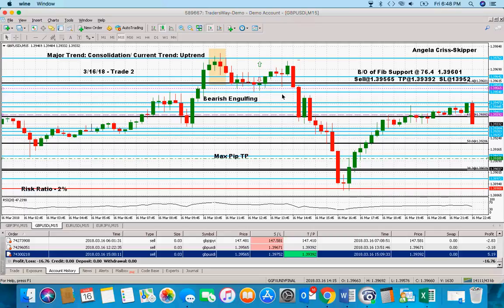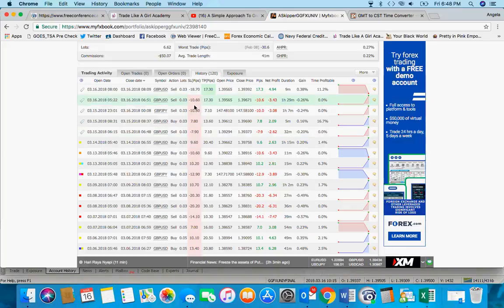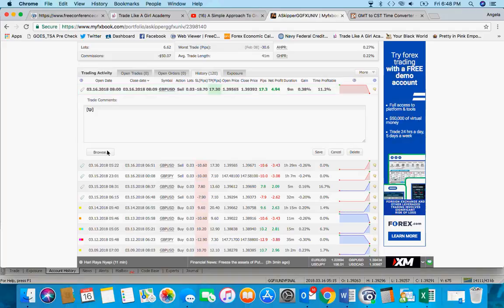After I'm done with this, I take a snapshot, and then I proceed to go to my history in my FX book. I use this opportunity to upload the snapshot here, and then transpose all of my information in my journaling into this area.